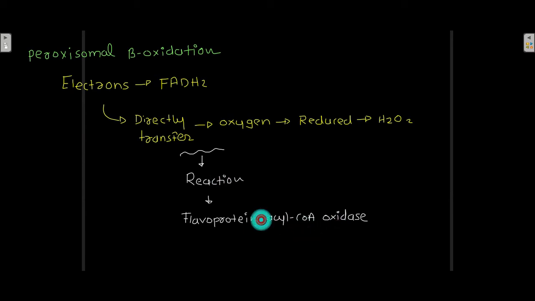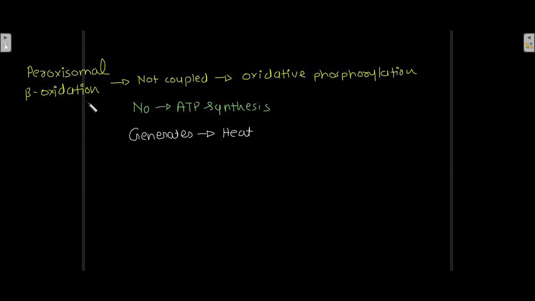This enzyme catalyzes the transfer of electrons from FADH2 to oxygen. The thing is that peroxisomal beta oxidation is not coupled with oxidative phosphorylation, and that is the reason why there is no ATP synthesis. So there is no formation of ATP.